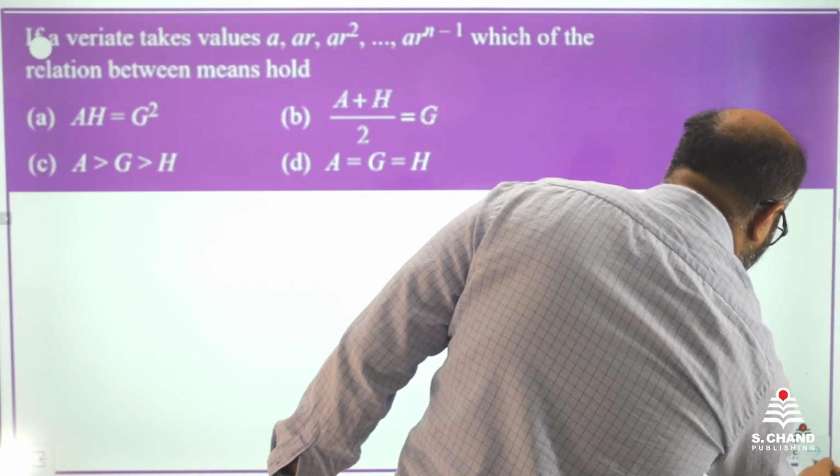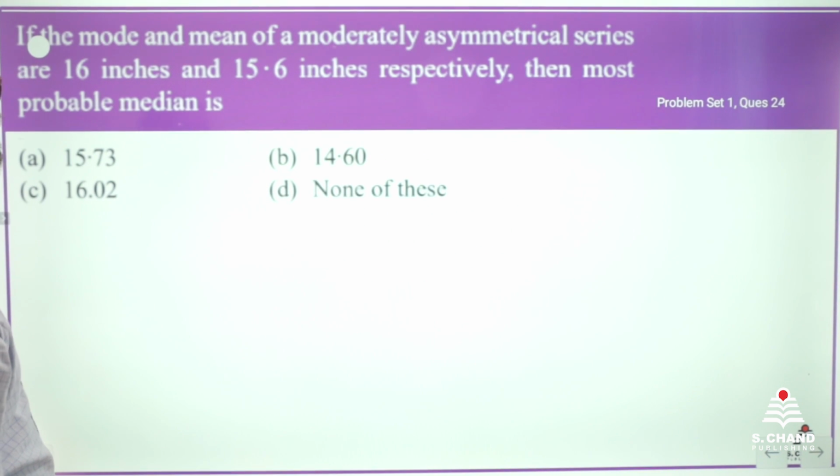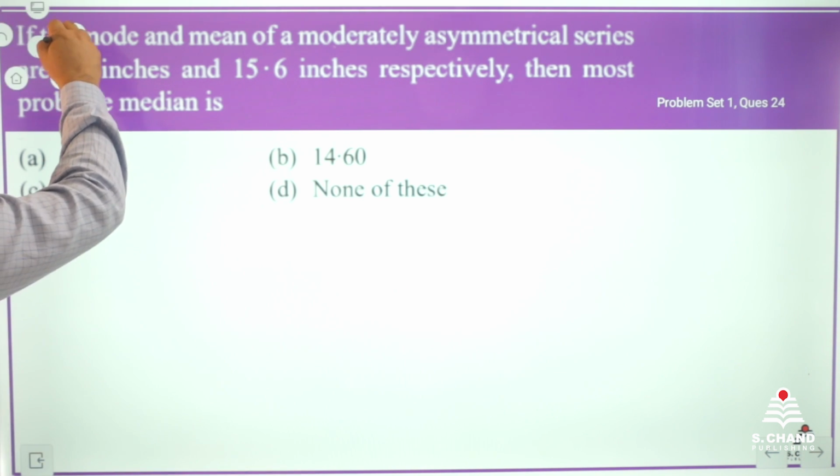Now let us come to the next question. If the mode and median of a moderately asymmetrical series are 16 inches and 15.6 inches respectively, then the most probable median is. So there is a formula which you have to remember.